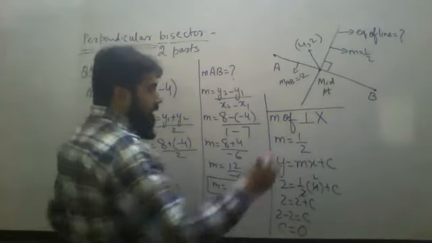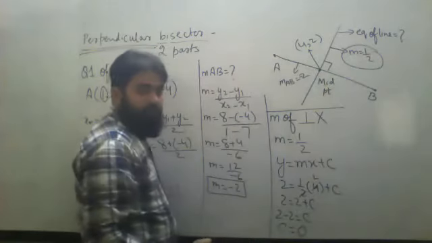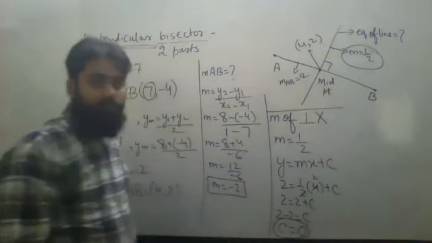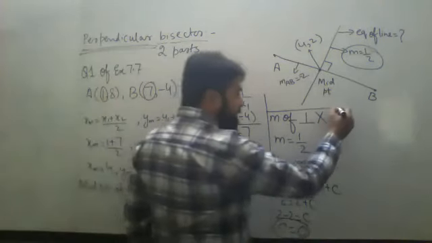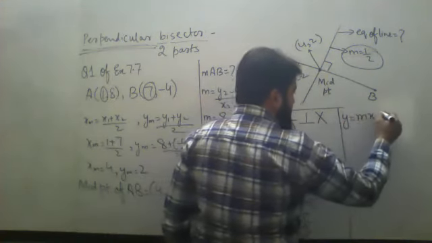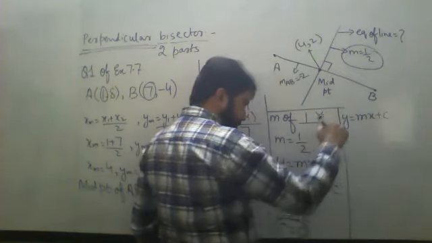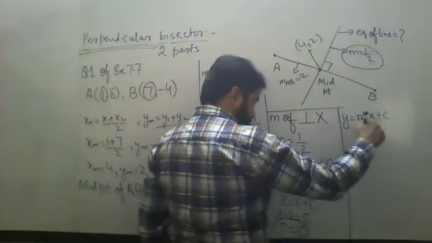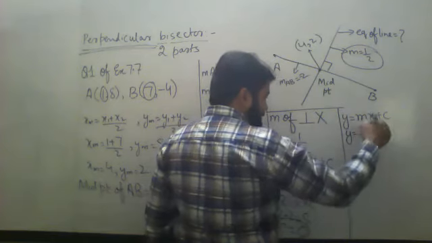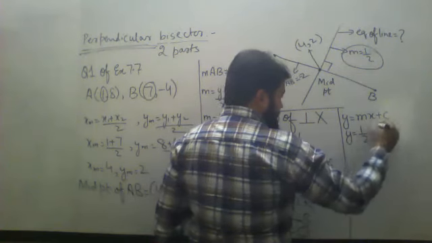So for this line, I have got the gradient and I have got my value of c. Putting in the equation of the line y equals mx plus c, I have got the value of m and the value of c, so I am now putting in the values of y and x. y equals half x, c will be 0.